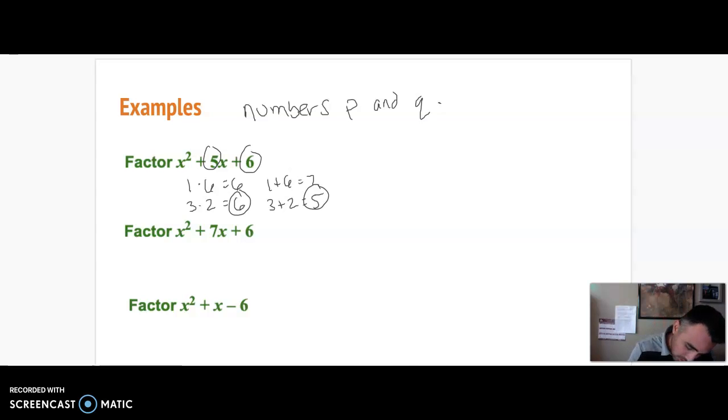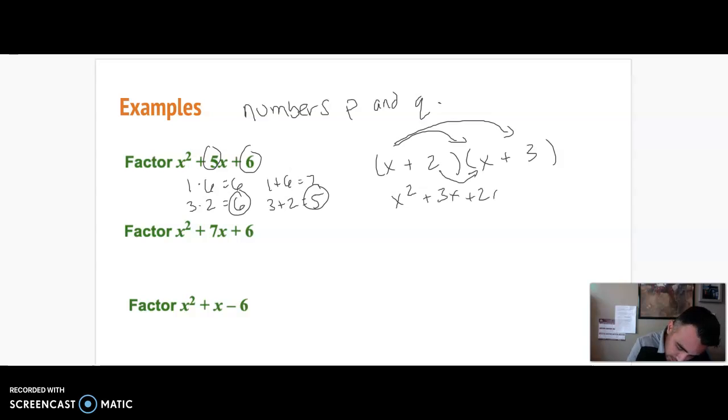So we will go x plus 2, x plus 3. Now let's see if this works. So if we go x squared, or x times x, we get x squared, and we get plus 3x, and then plus 2x, and 2 times 3 is a plus 6, gives us x squared plus 5x plus 6.